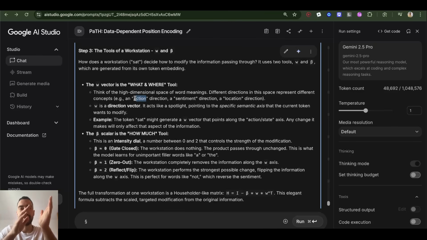Maybe if we are on this side, we are running, moving fast. Maybe on this side, we are sitting, going slow, or not moving anywhere. And then token set might generate a W vector that points along this action axis. So when you multiply this W vector with the cat, it will only change the part of the cat vector that's on this movement axis, the action axis.